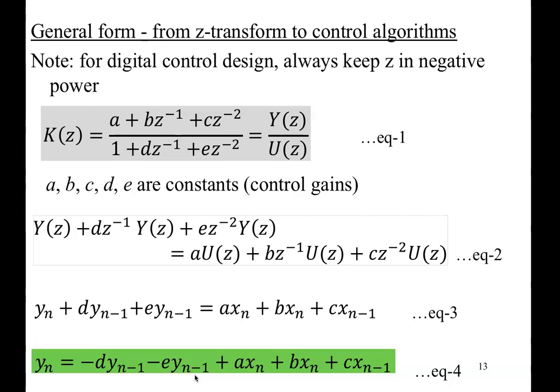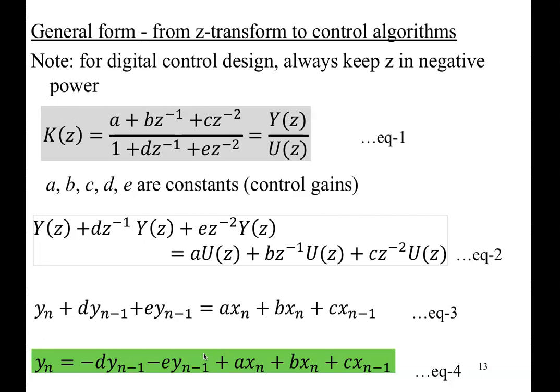I showed that in my previous example, and I just wanted to give you a general rule for converting from K(z) into the form that you can use in the time domain to write software code. So there are two steps there. One is to convert from K(s) to K(z).